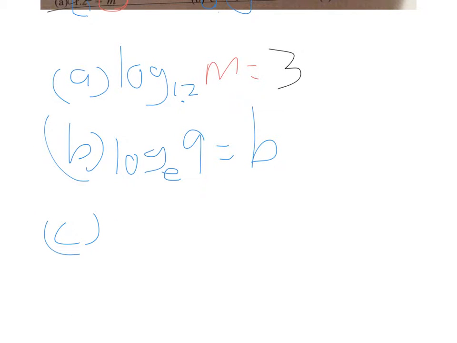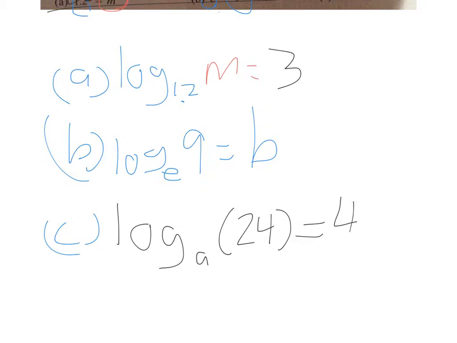And for part C, since you have a to the 4th is equal to 24, it would be log, then whatever the base is, which in this case is a, then the thing it's equal to, which is 24, that goes on the inside of the logarithm, so it would be log base a of 24 is equal to whatever the exponent is, which is 4.